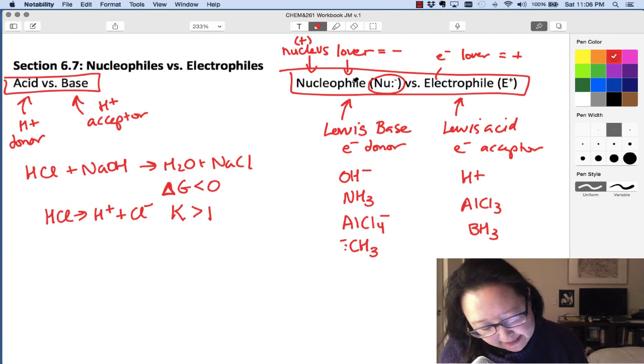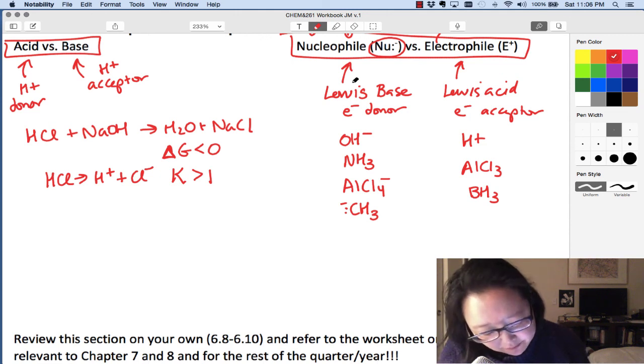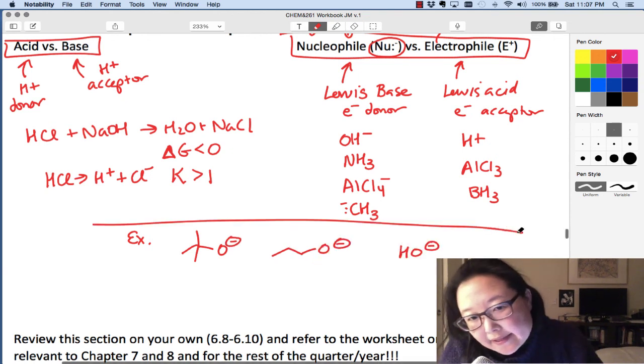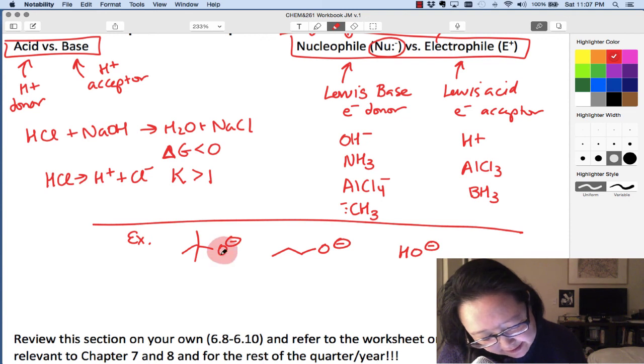I would say that nucleophilicity is not always the same as basicity, and I'll give you a key example. A few weeks back when we did acid-base chemistry, we were looking at the strength of various bases. And what we were talking about was how electron-rich the cloud of electrons was on these oxygens. Oxygen is electronegative. It pulls the density of electrons toward itself.